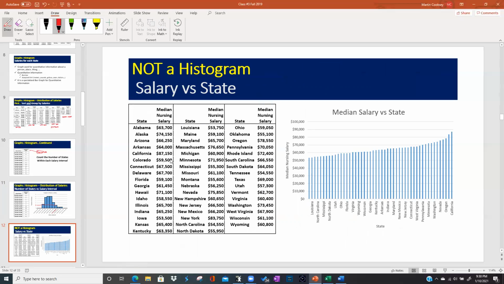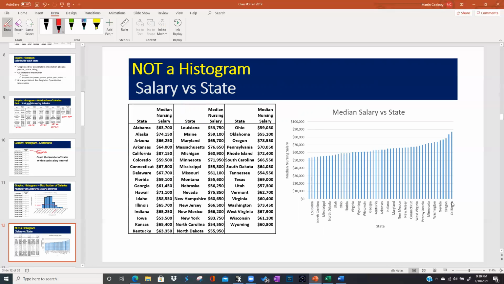The reason it's not a histogram is that a histogram only takes into account the quantitative variable and how many of these cases, or states, have salaries in a particular interval. This just gives a bar for what the salary was in that particular state.